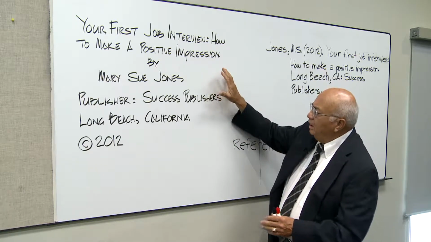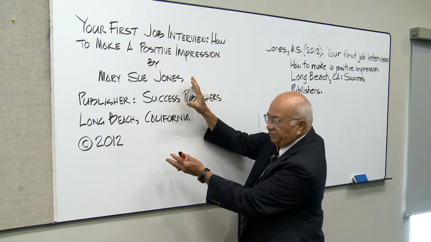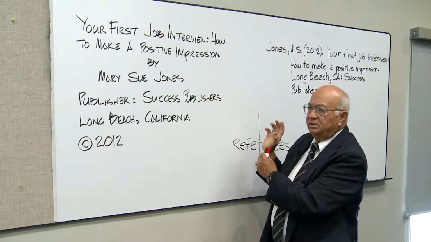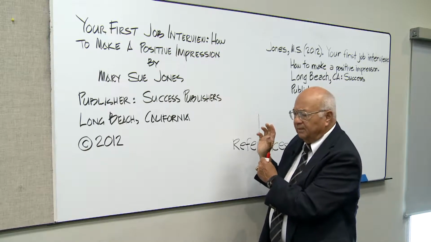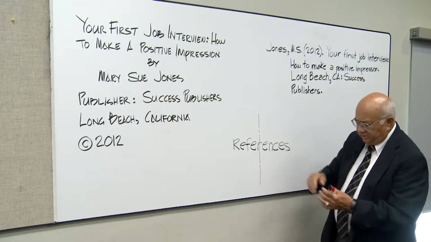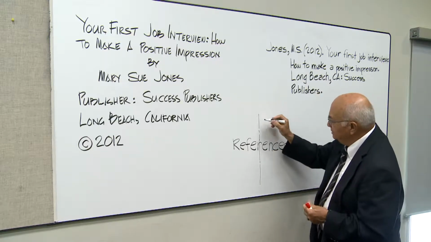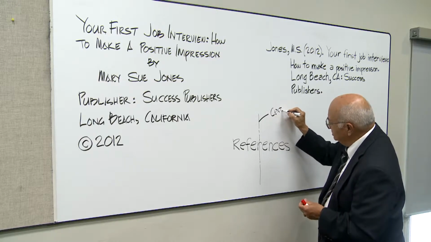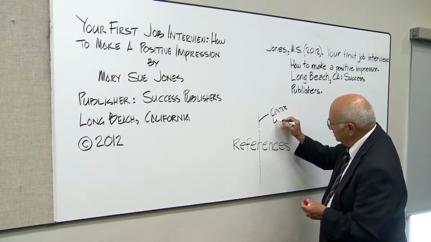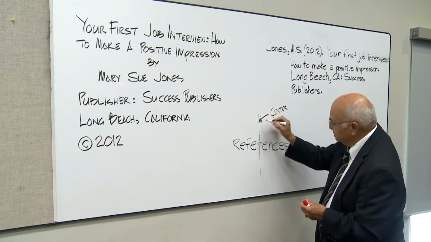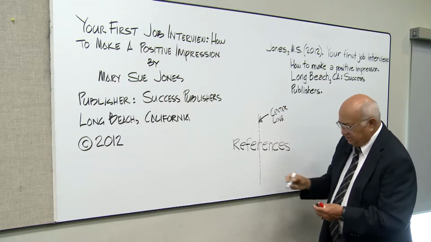Okay? Now, how do I take this information and enter it into the references section of the report? At the back of the report, you will type in center. This is a center line. Those of us who've done architectural and drafting know that this is a symbol for a center line.